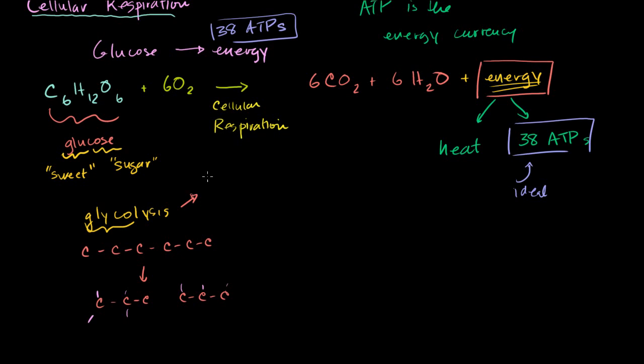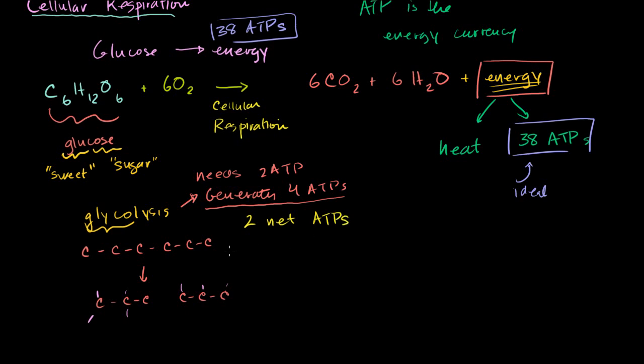By itself, glycolysis needs 2 ATPs, and it generates 4 ATPs. So on a net basis, it generates 2 net ATP.